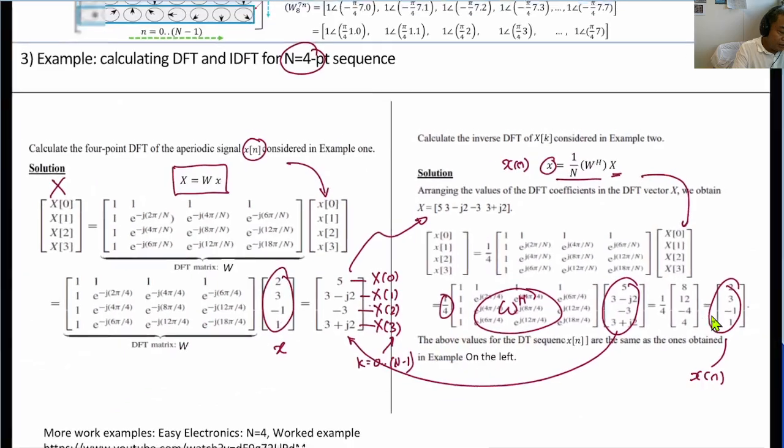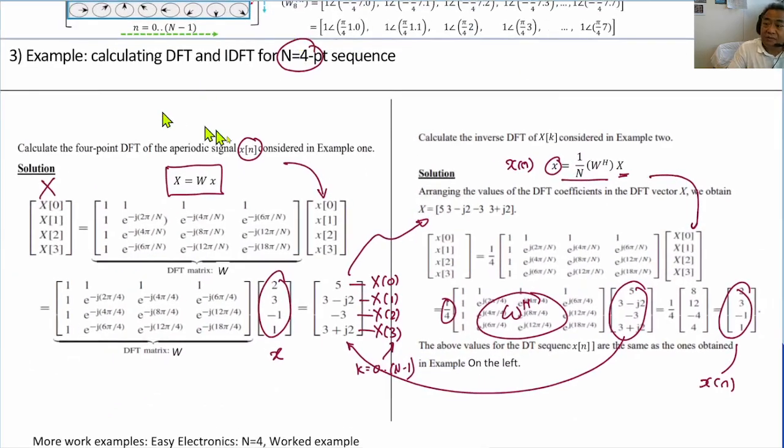So you realize that the DFT and inverse DFT can simply be viewed as matrix-vector multiplication with the corresponding W's.